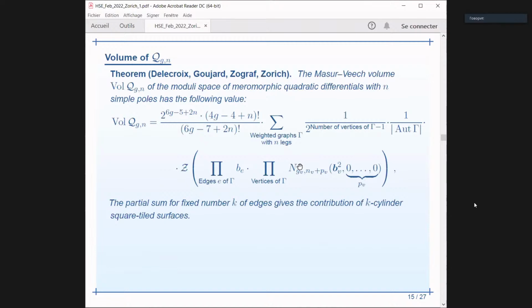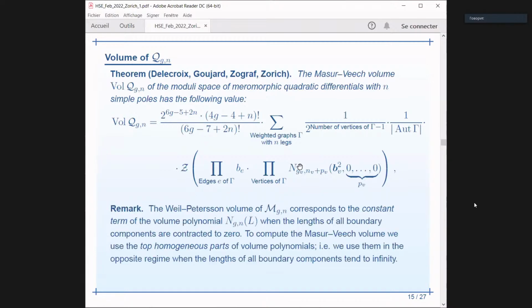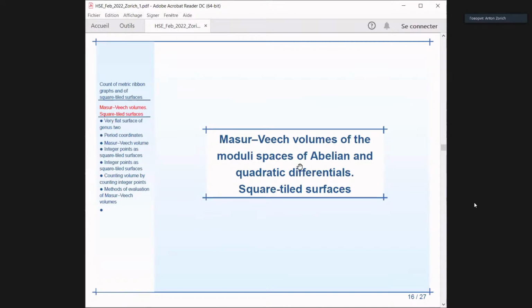So the main point is that we basically reduced the counting problem to a variation of the counting problem for metric ribbon graphs, and that we have to use the sum over all possible stable graphs. This is not that important. And so this is the answer.